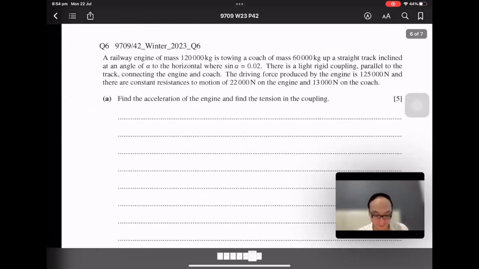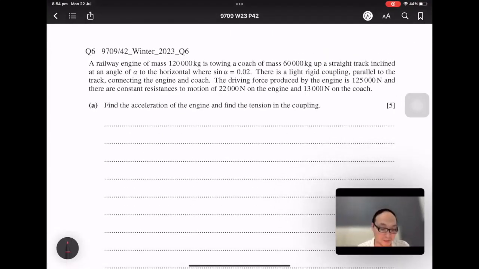Number 6. A railway engine of mass 120,000 kilograms is towing a coach of mass 60,000 kilograms up a straight track inclined at an angle alpha. So I draw it.